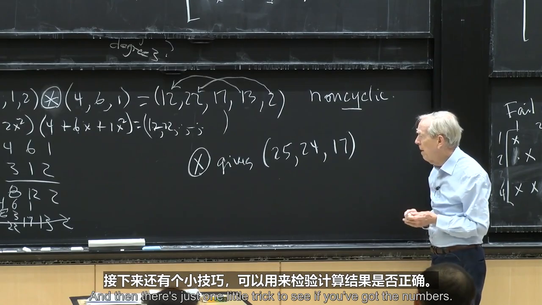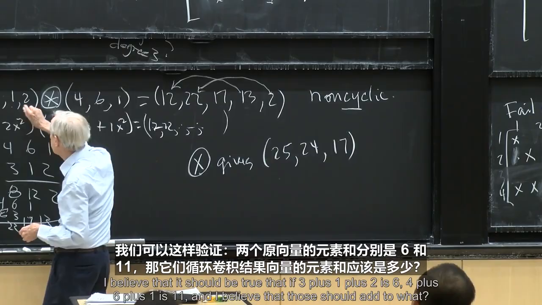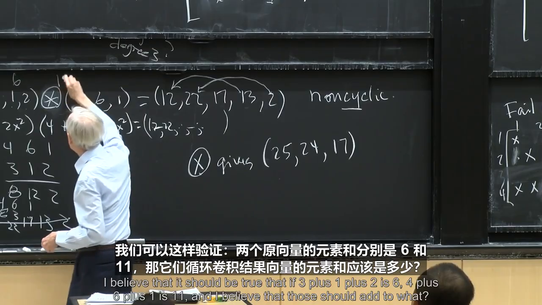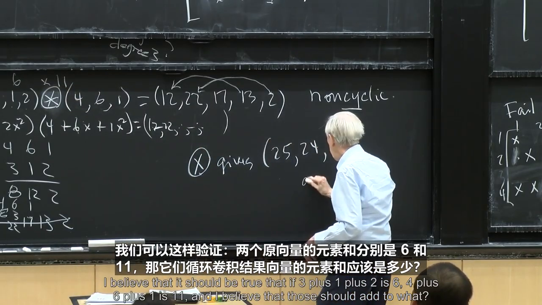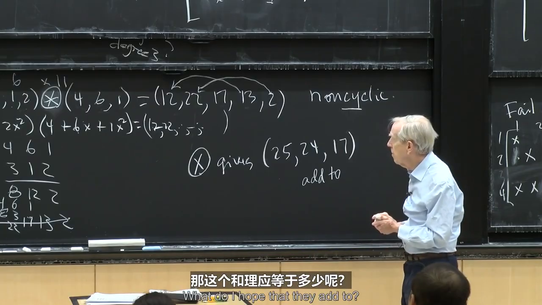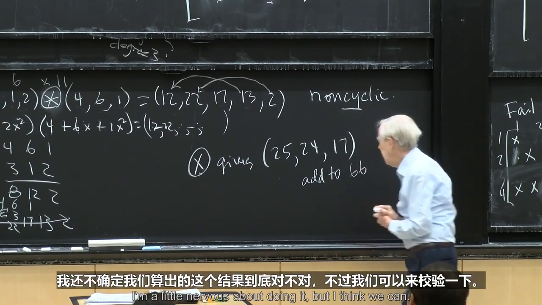And then there's just one little trick to see if you got the numbers right. I believe that if 3 plus 1 plus 2 is 6, 4 plus 6 plus 1 is 11, then those should add to what? What do I hope that they add to?